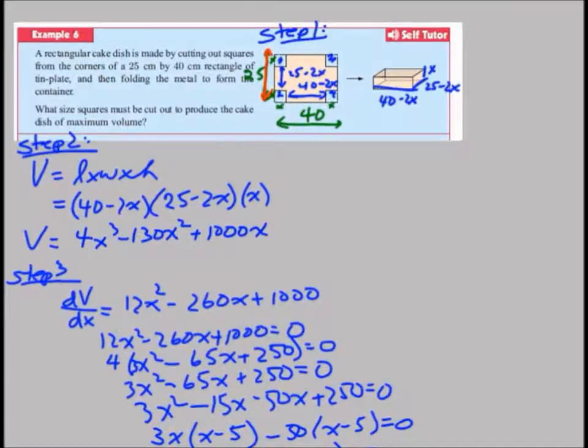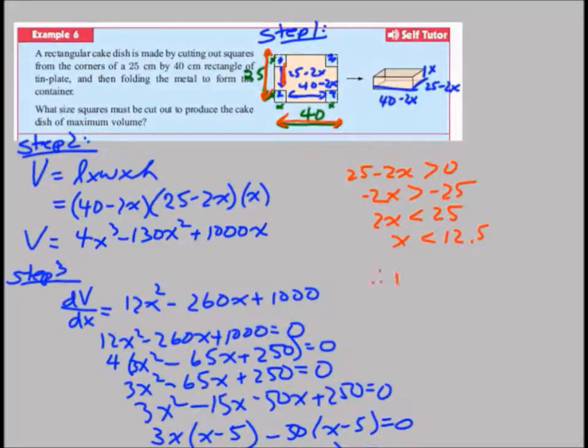We have 40 units to take x away from here, but 25 is smaller. So in other words, 25 minus 2x has to be greater than 0. That dimension has to be greater than 0. So negative 2x is less than negative 25. Solving inequalities, divide through by negative 1, we have to change the sign. So x is less than 12 and a half. But it has to be bigger than 0.